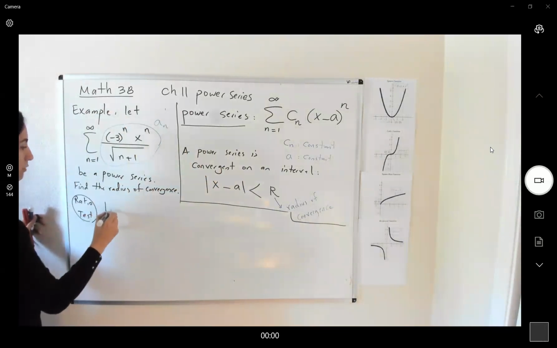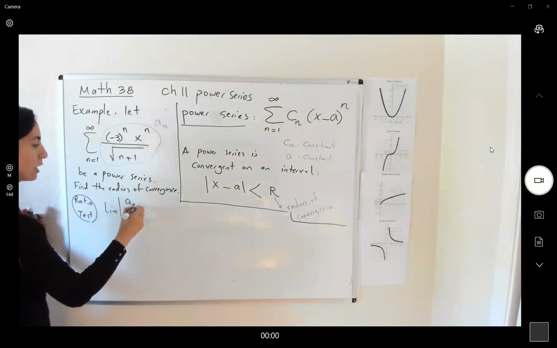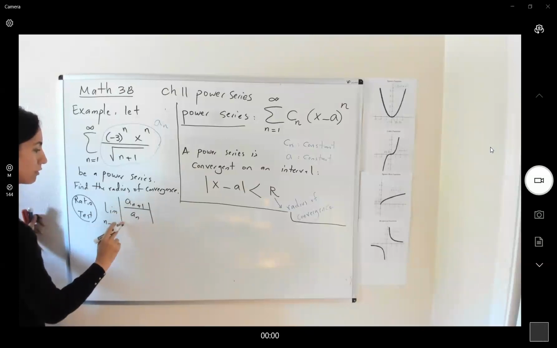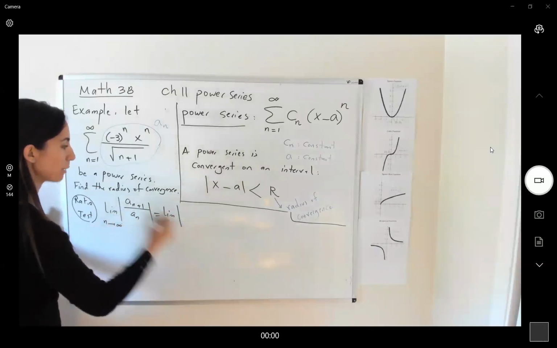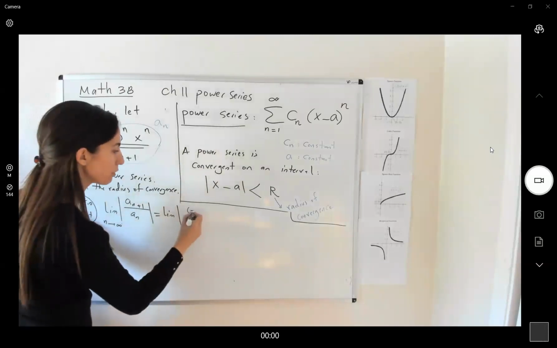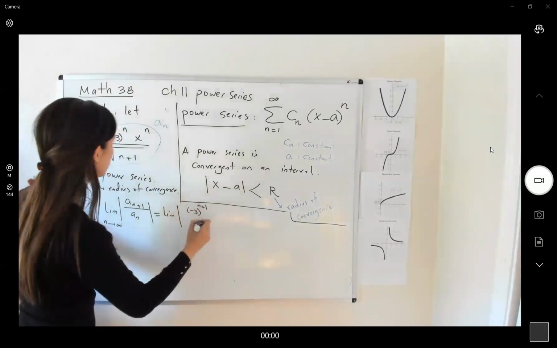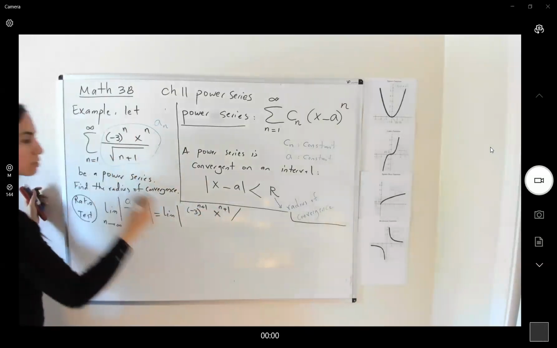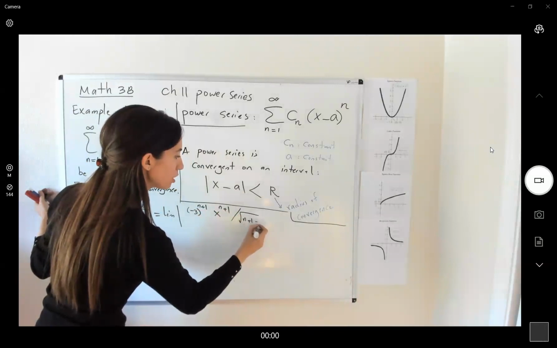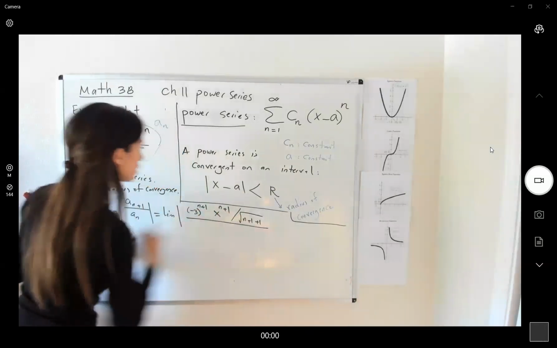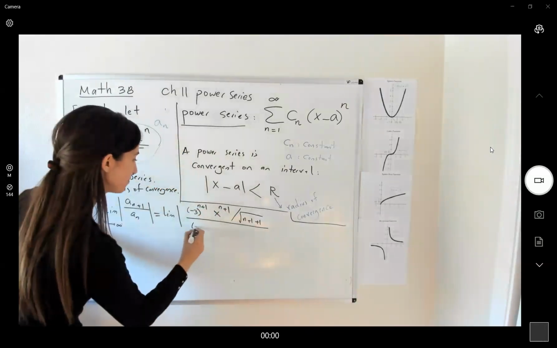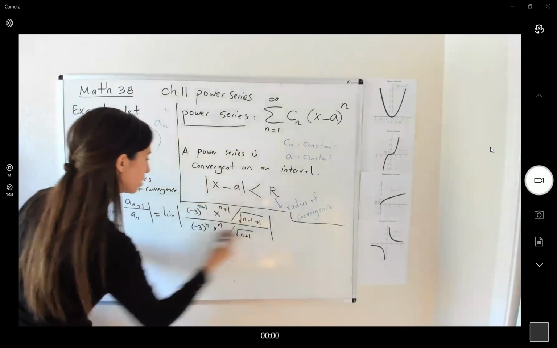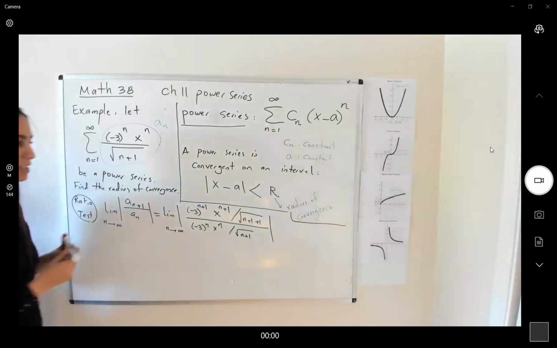Okay, we're going to use the ratio test like before. The ratio test says you have the limit of the absolute value of a_(n+1) divided by a_n, while n goes to infinity. This is the limit of the absolute value of -3 raised to n plus 1 times x raised to n plus 1 divided by square root of n plus 1 plus 1, divided by -3 to the n, x to the n, divided by square root of n plus 1, while n goes to infinity.